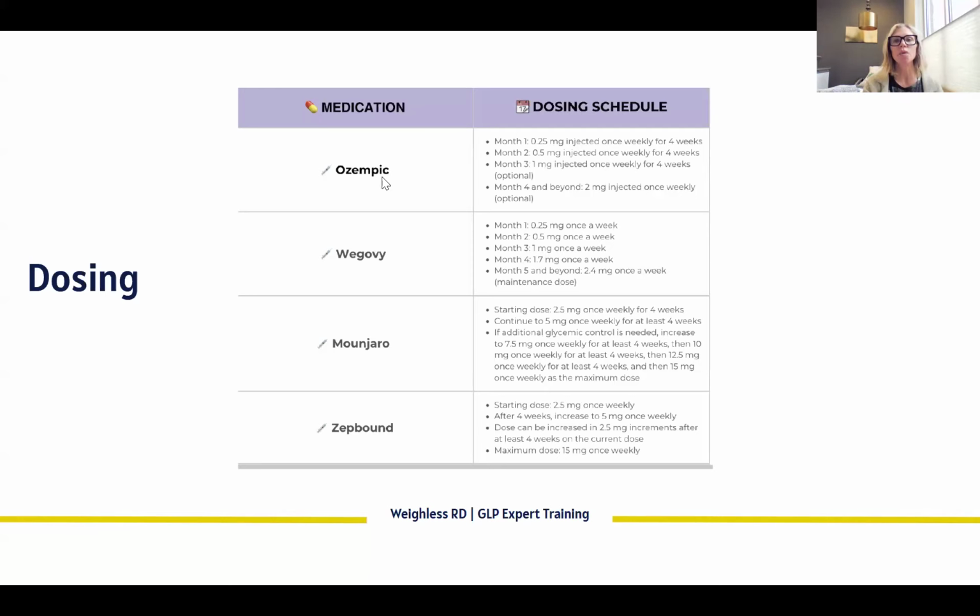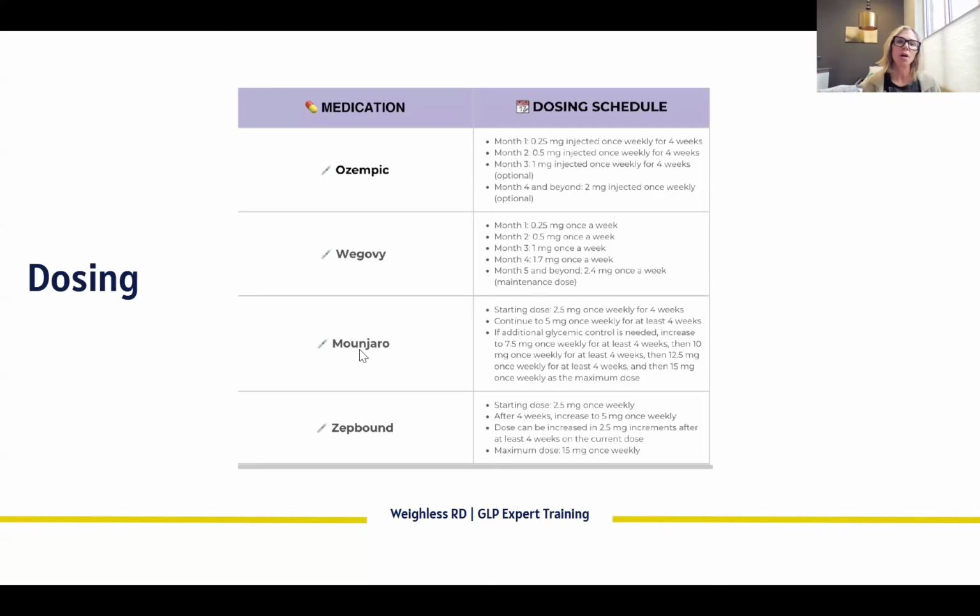Ozempic for type 2 diabetes has a max dose of 2 milligrams, whereas Wegovy for weight loss is 2.4. So it's just slightly different. I don't think there was any rhyme or reason for that. I think in order to get a different indication, they had to change up the dosing a bit. And then Mounjaro and Zepbound.